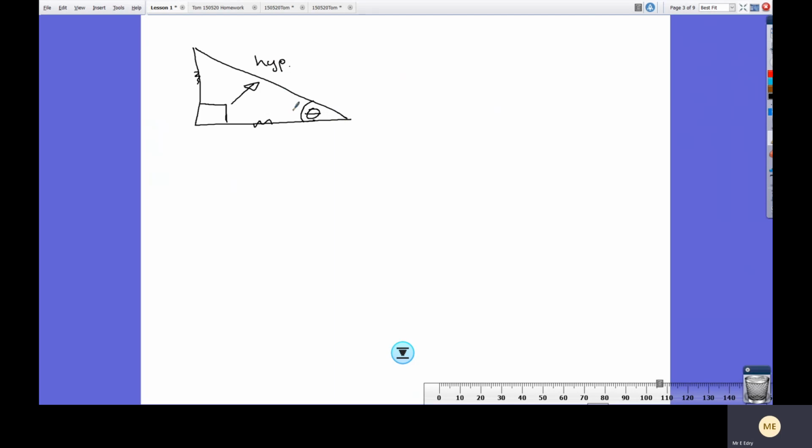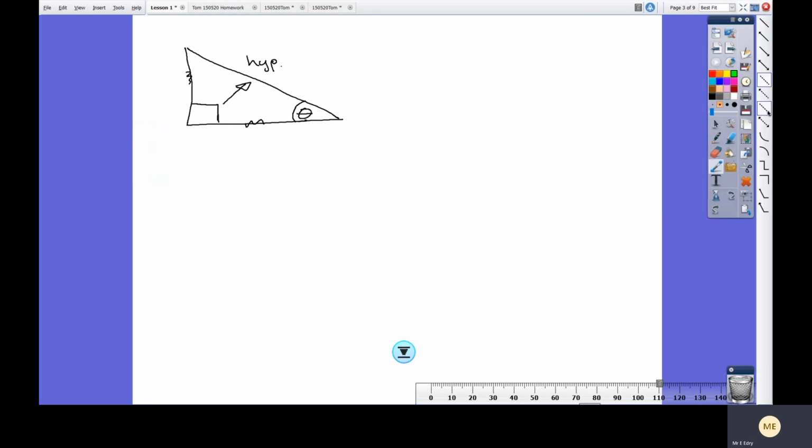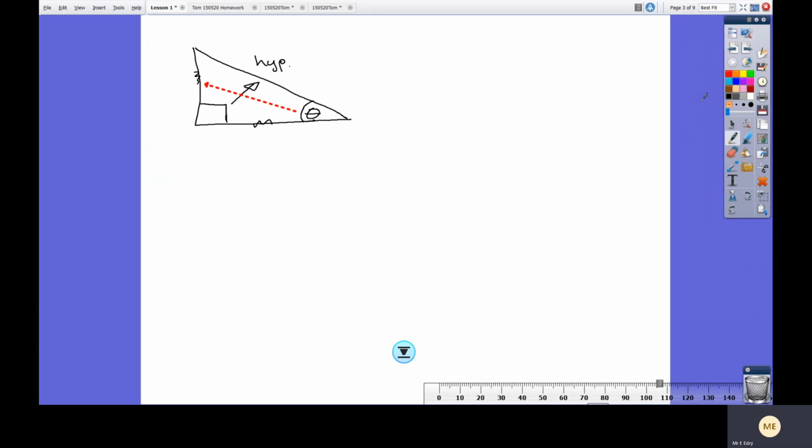Then the opposite side, well, what side do you think is opposite to theta? The hypotenuse was opposite the right angle. Well, if I draw an arrow similarly, I'll do that here in red, from the angle, we call that side the opposite. So I'm just going to label it as opp. And then, we have the opposite, we have the hypotenuse, so the only one left to us is the adjacent.